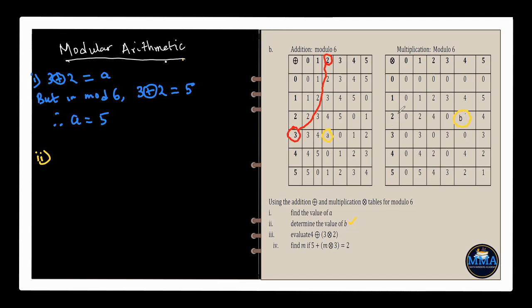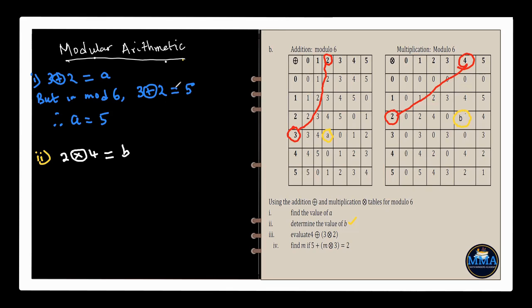And this B is the product of 2 and 4. It's the product of 2 and 4. So we'll write that 2 times 4 is called B.